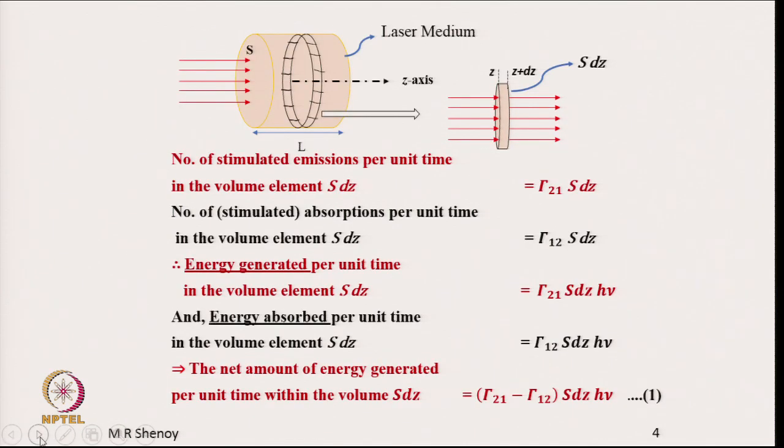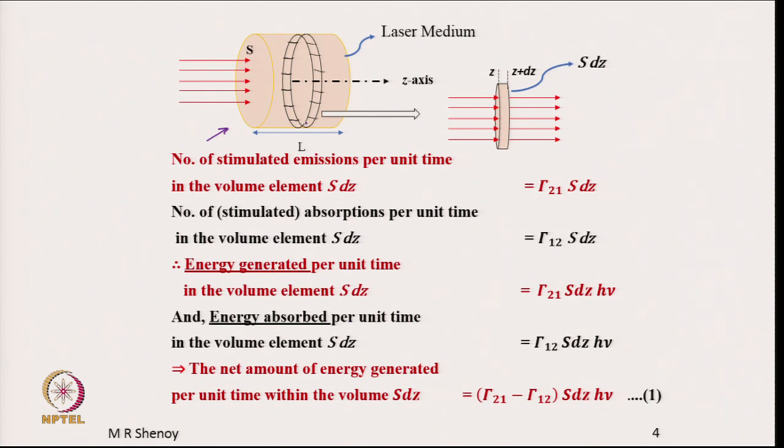Now, consider a laser medium in the form of a cylindrical rod of circular cross section. S is the area of cross section.